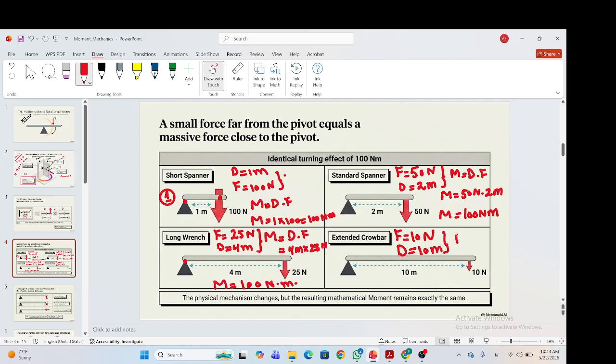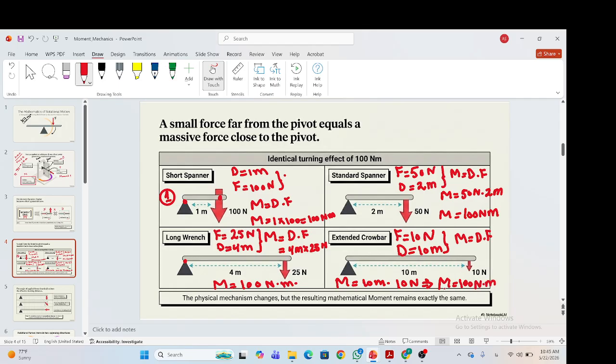So let's count the moment. Moment is equal to distance times F. So moment is equal to 10 meters distance times 10 newtons. So the result will be 100 newton meter.